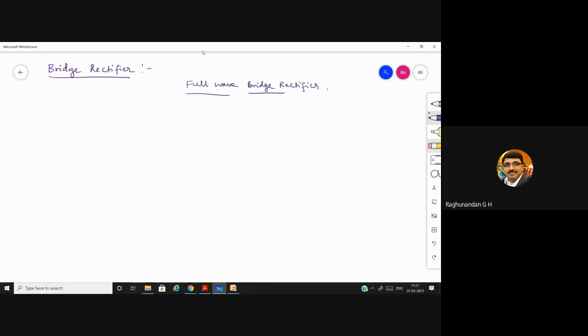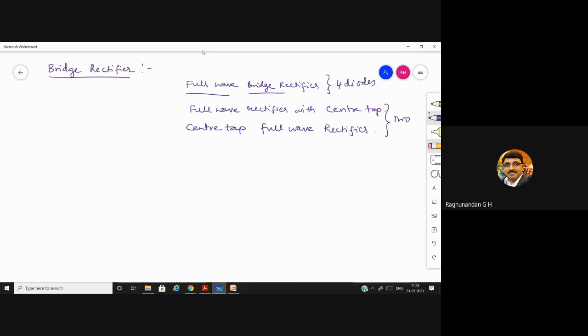If they clearly mention full wave rectifier with center tap, or they ask to explain the center tap full wave rectifier, then use two diodes. If they ask like this, then you should use four diodes.